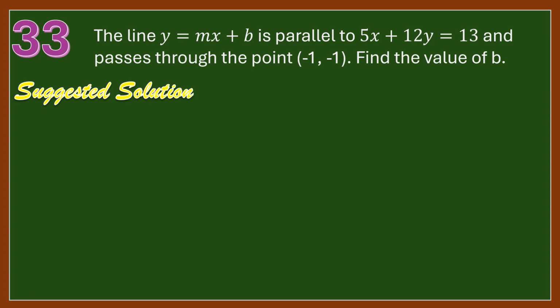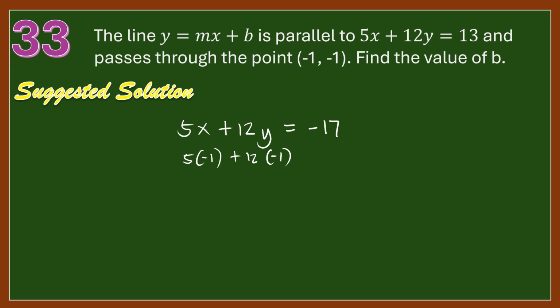For our suggested solution, since the line is parallel to 5x plus 12y equals 13, we will get 5x plus 12y, and let us substitute negative 1 to 5x plus 12y, and this is equal to 5 times negative 1 is negative 5, plus 12 times negative 1 is negative 12, so this is negative 17.